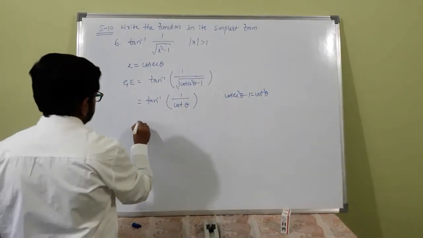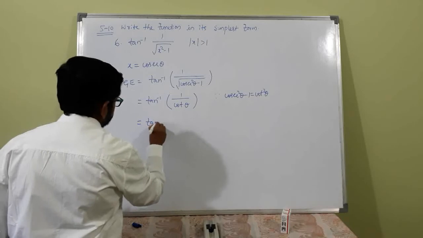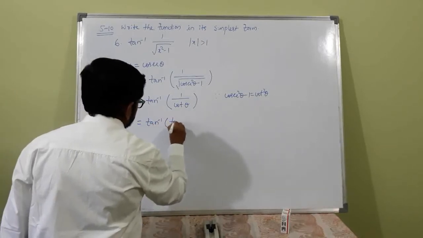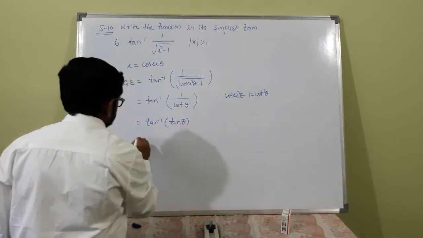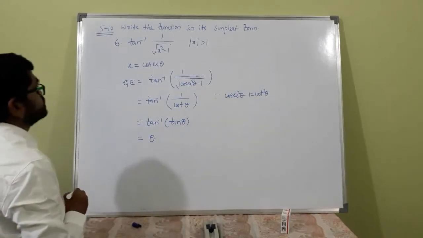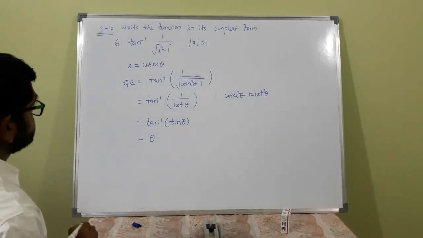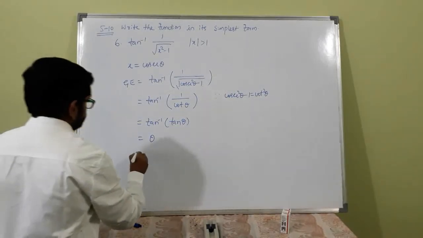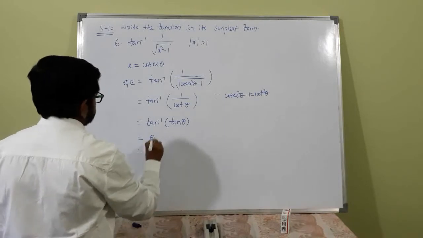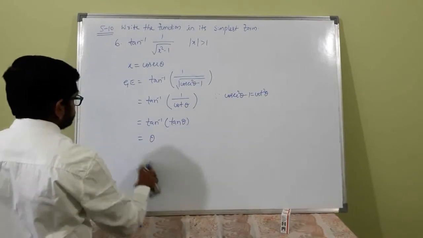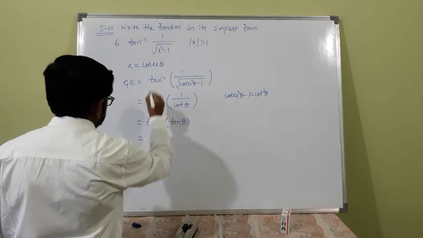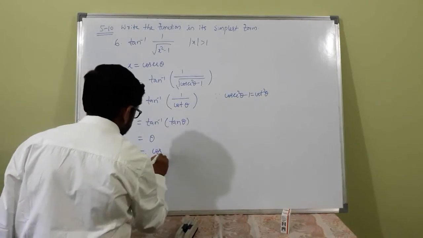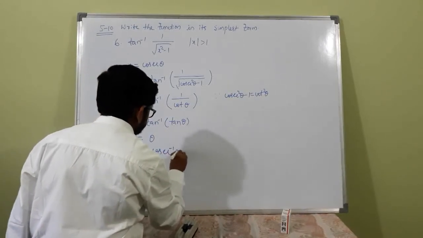So this is nothing but tan inverse of tan theta, that is equal to theta. So theta is this one, therefore this is equal to cosecant inverse of x.